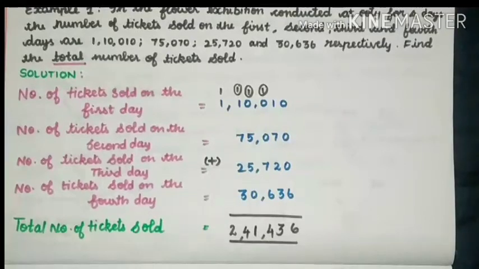Therefore, the total number of tickets sold equal to 2,41,436 tickets.